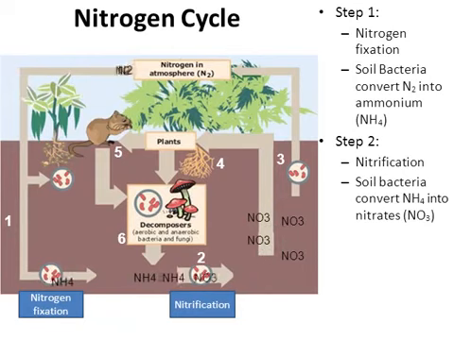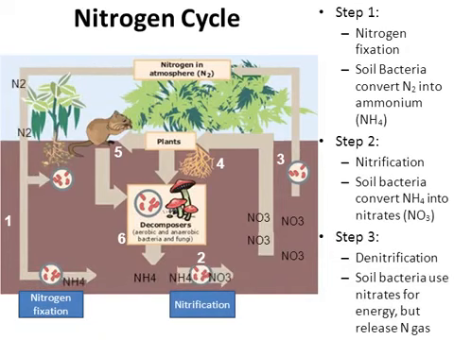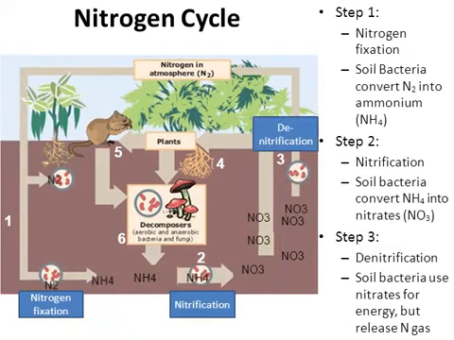Well, there are still bacteria in area number 3, and these bacteria do a process called denitrification. Like it says in the notes, soil bacteria are going to use those nitrates. The NO3 is the nitrates. And in the word denitrify, you can see that they're going to remove the nitrogen. So they're going to denitrify the nitrates.